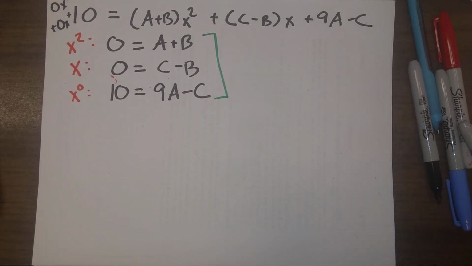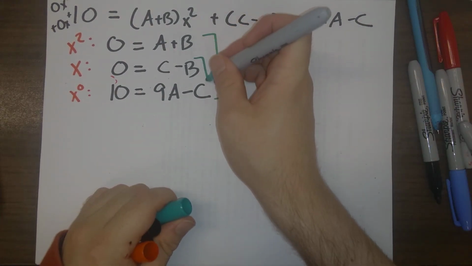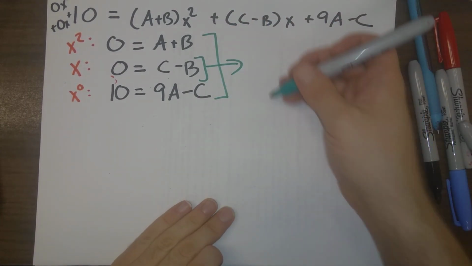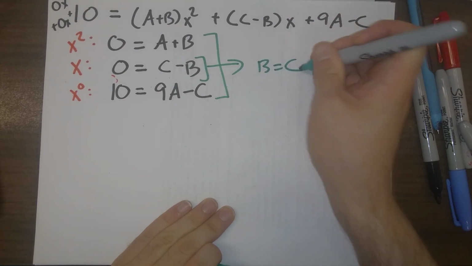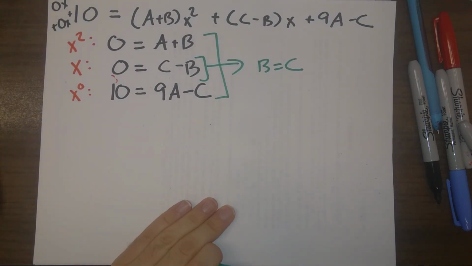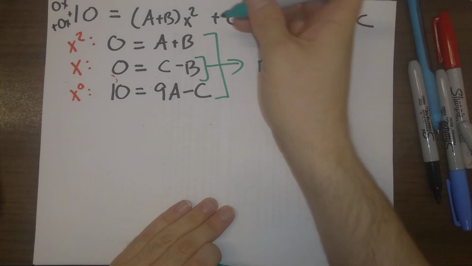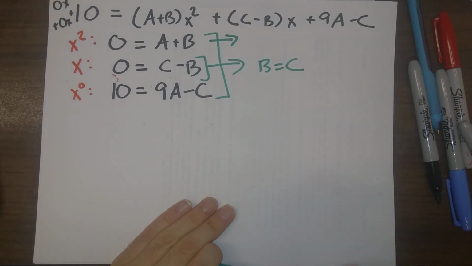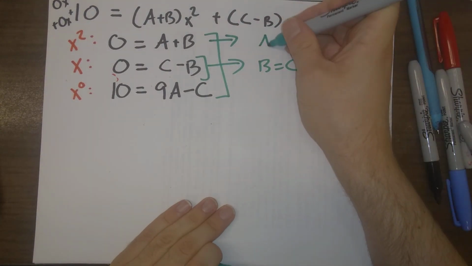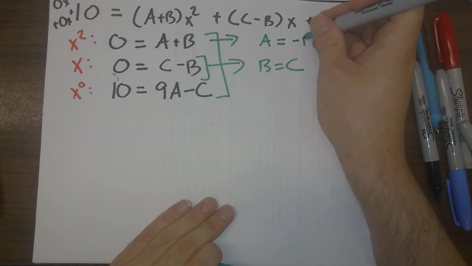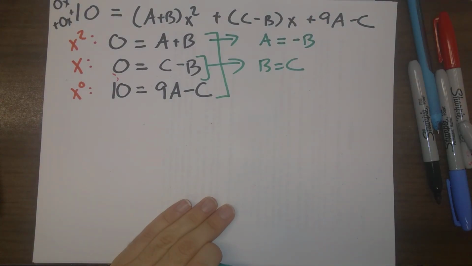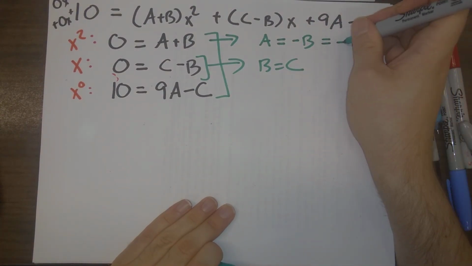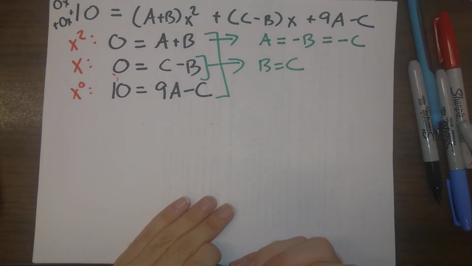Some of these can go very quickly. This one, 0 equals c minus b, tells us b and c are exactly the same. A plus b equals 0 tells us a is equal to minus b, and because b and c are the same, a is equal to minus c.